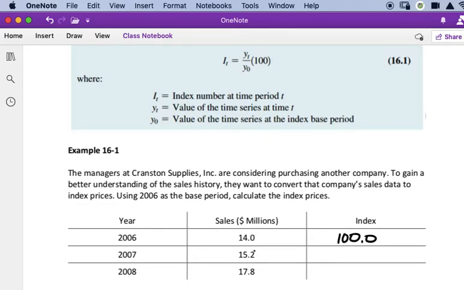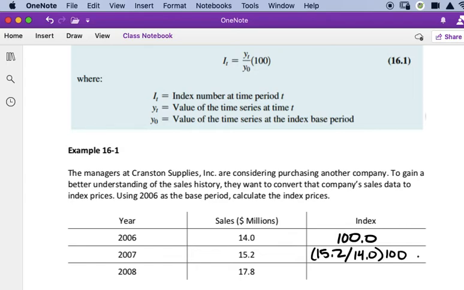Then what I'm going to do is for each later value, my Yt here is going to be the value in that row, so that would be 15.2. So I'm going to do 15.2 and divide it by my Y0, the value at my base period. So that's 14. So 15.2 divided by 14 and then times 100.